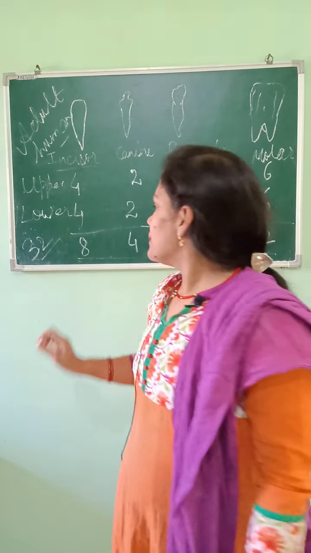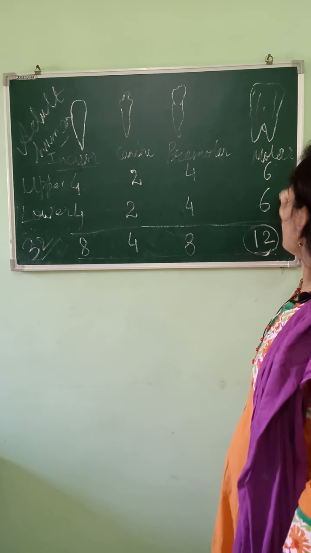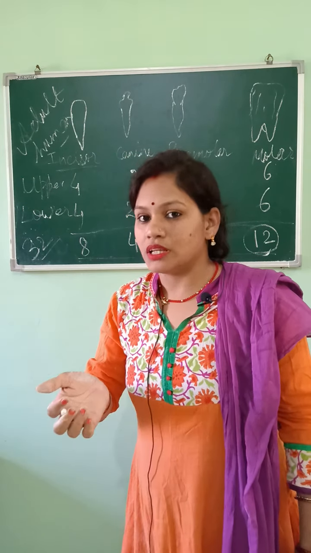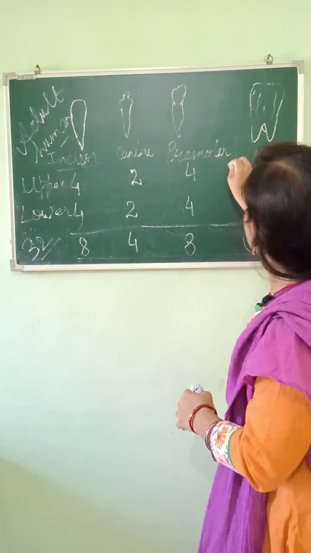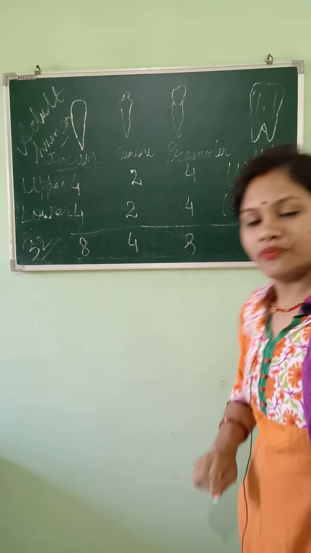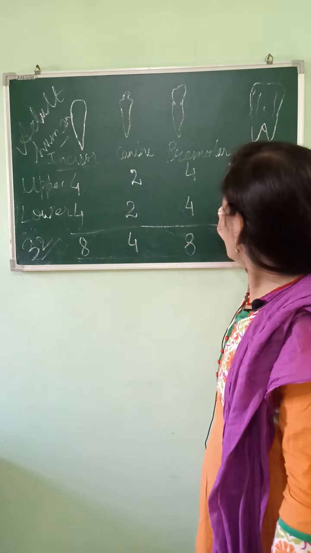A person who does not have wisdom teeth used to have how many molars in each jaw? 4 and 4. Got it? 4 in the upper jaw, 4 in the lower jaw.